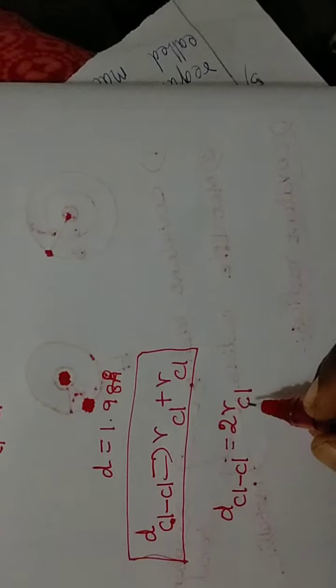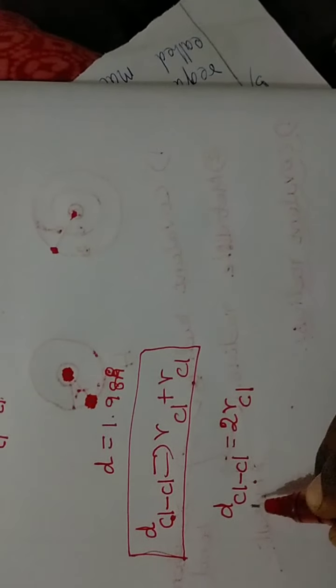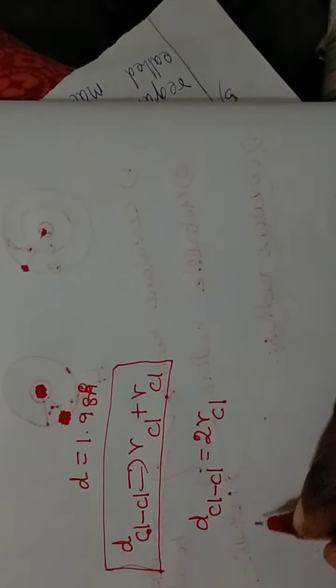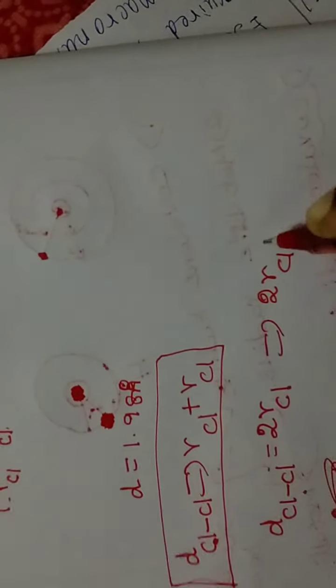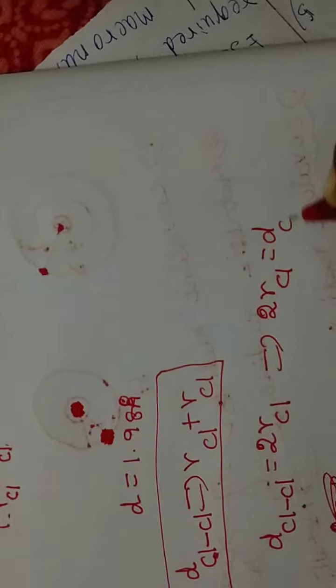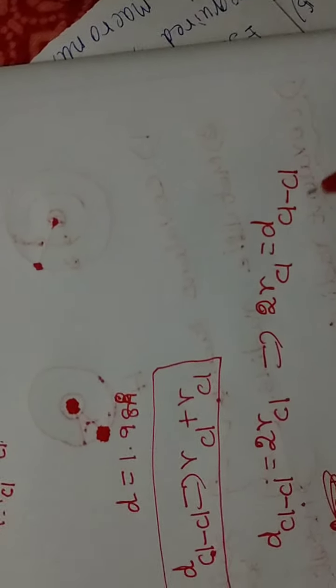So you can take this to the next side. RCl equals D(Cl-Cl) divided by 2. This 2.